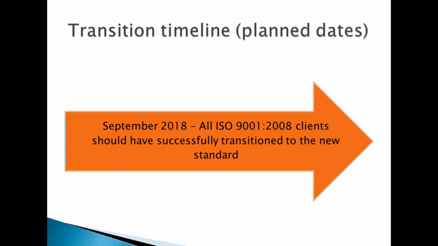Now looking ahead, we have one final threshold to clear, and that is September of 2018, when the 9001-2008 standard will be made officially obsolete. So by then, any companies that wish to retain a 9001 certification will have to have transition to the new standard.